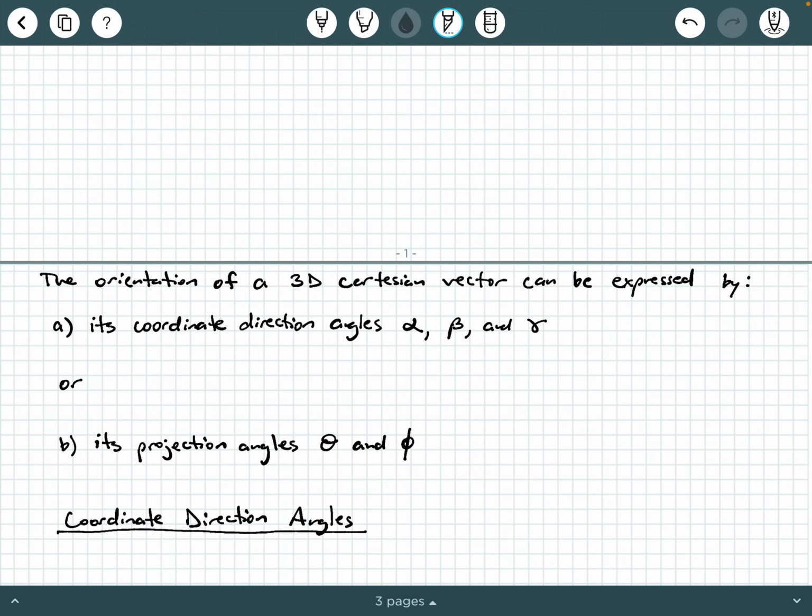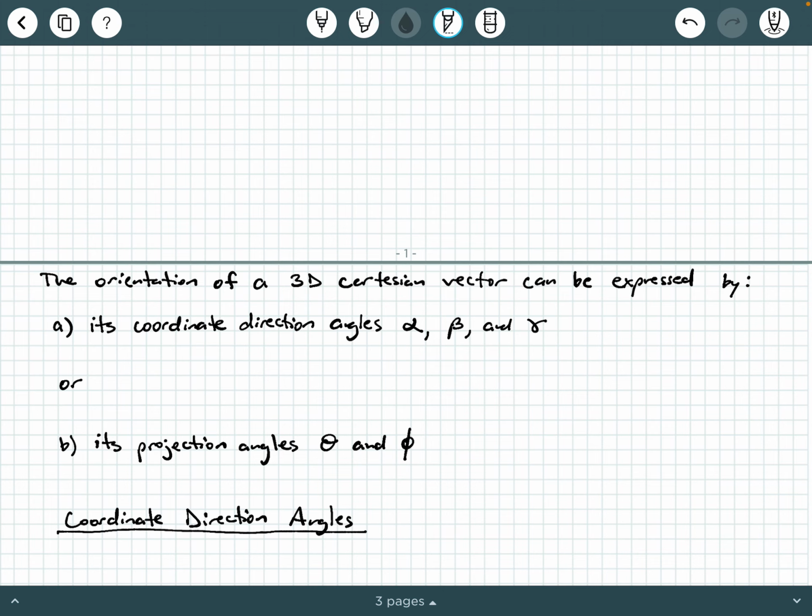The first way is by what's called its coordinate direction angles, and we label those as alpha, beta, and gamma. The second way is using its projection angles, which we normally call theta and phi, okay?